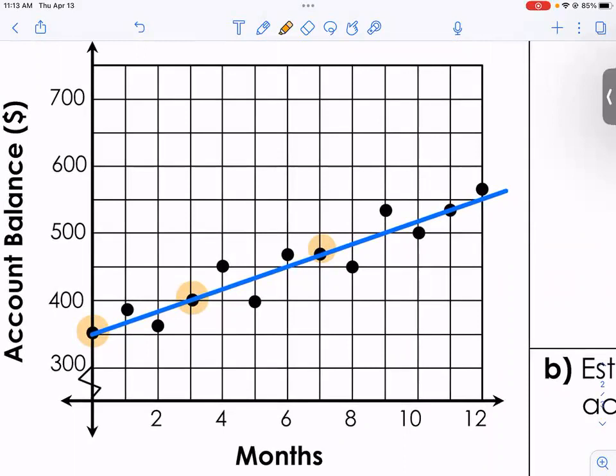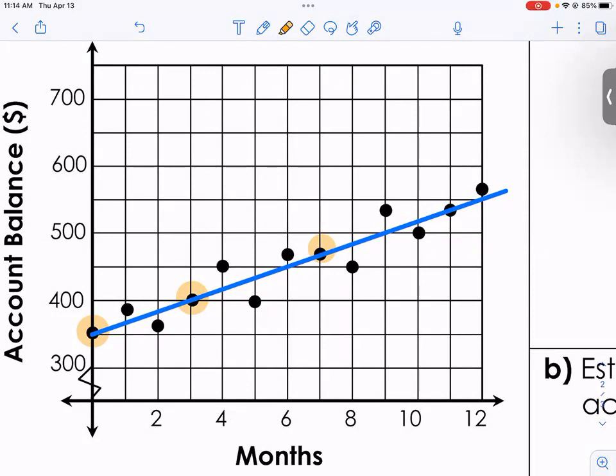What you want to do is pick 2 points that are in the middle, put your ruler there and go. I can go through that one. Okay, I got it. Now we need an equation for the line of best fit.